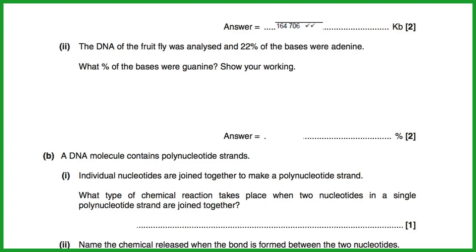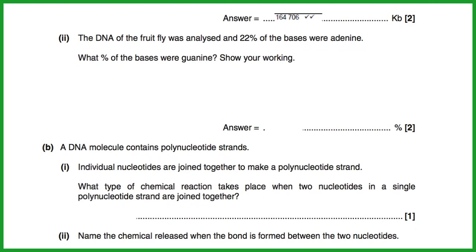Now, the DNA of the fruit fly was analysed and 22% of the bases were adenine. What percentage of the bases were guanine? Well, if 22% of the bases are adenine, remember adenine forms 2 hydrogen bonds with a thymine, which would mean that 22% would be thymine. Now adding the two together, that gives you 44%.